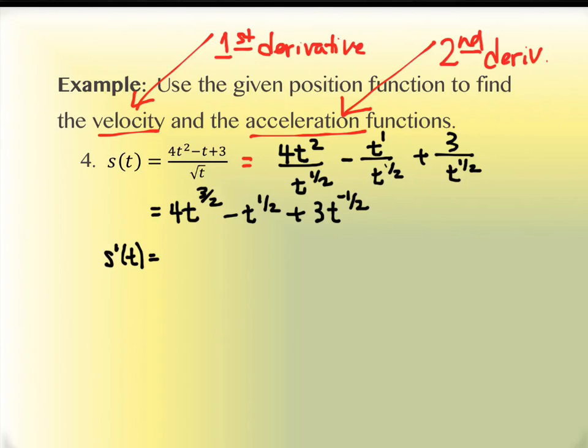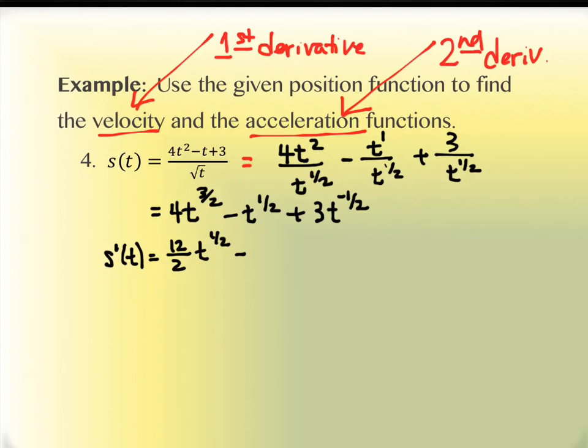So we're going to find s prime of t. So then, what is the derivative of 4t to the 3/2? 6. I think you've got, well, I'll write it as 12 over 2 for the moment. You're right, it is 6. So if you take the 3/2 times the 4, you get 12/2, which we'll simplify, I recognize, to 6. How about the t to the 1/2? What do we get?